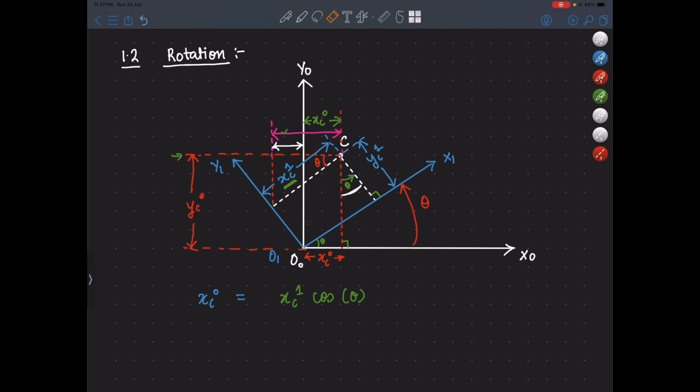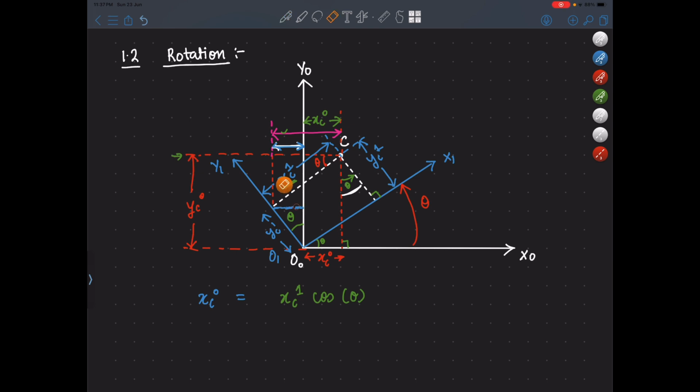Now if you see, this is yc1, all right, and the white arrowed line is same as this projection, right?